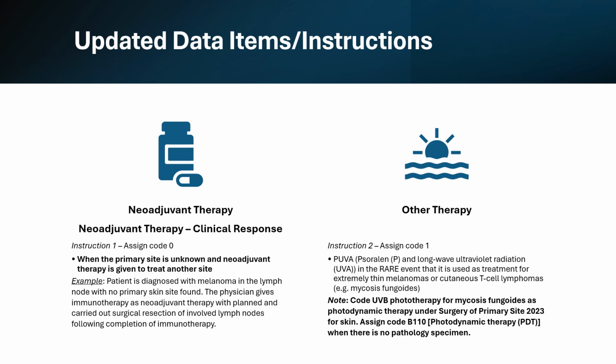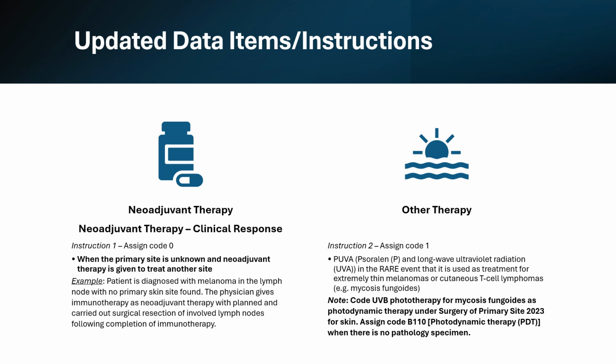So when a primary site is unknown and neoadjuvant therapy is given to treat another site, we code 0. An example here is a patient diagnosed with melanoma in the lymph node with no primary skin site found. The physician gives immunotherapy as neoadjuvant therapy with planned and carried out surgical resection of involved lymph nodes following completion of immunotherapy.